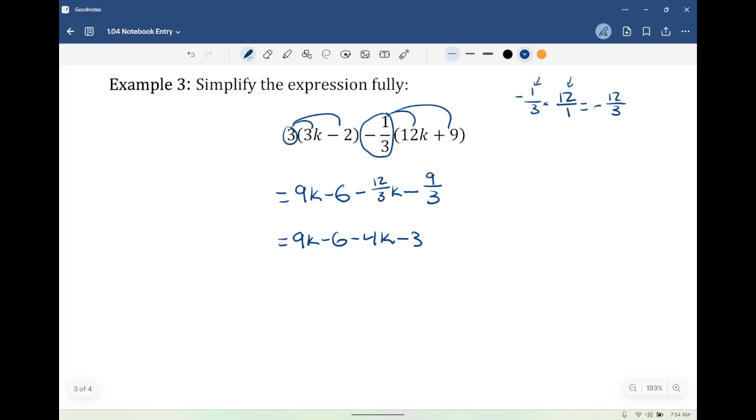Even though I had what looks like bad fractions, it's actually just integers. And so now, I've got like terms. I've got 9k minus 4k, negative 6, negative 3. 9 minus 4 is going to get me to 5k. Negative 6 minus 3 is negative 9. For a final answer.